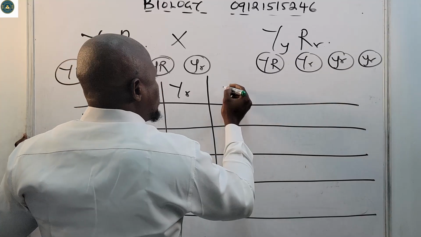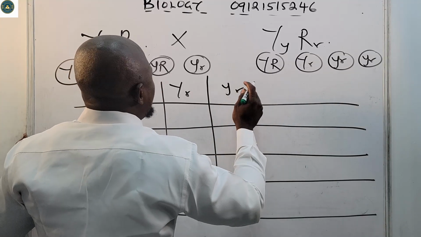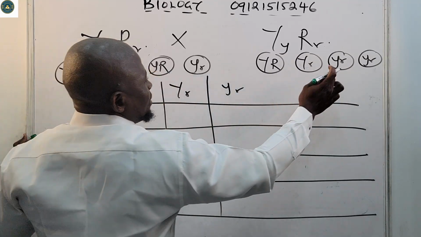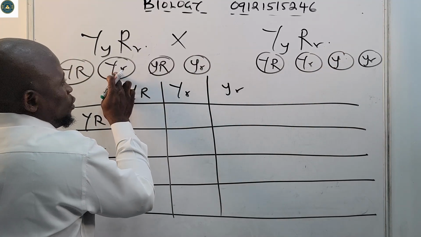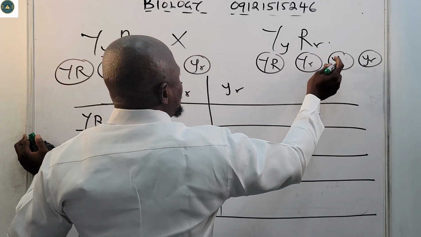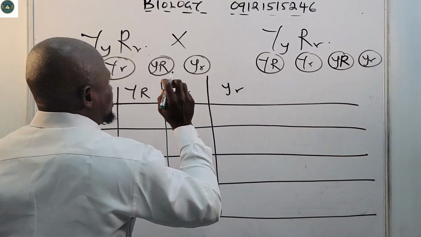Is this YR? I think it's Y and capital letter R, sorry. This is capital letter Y, small letter r. Then this one, small letter y, capital letter R. Do not make the mistake, please.